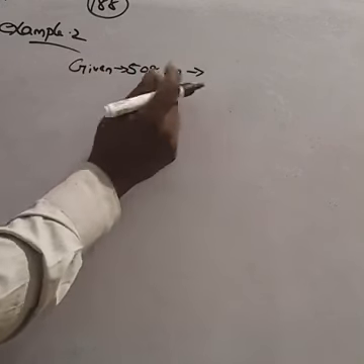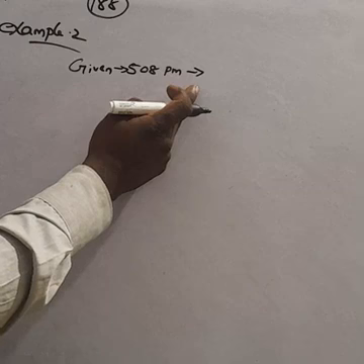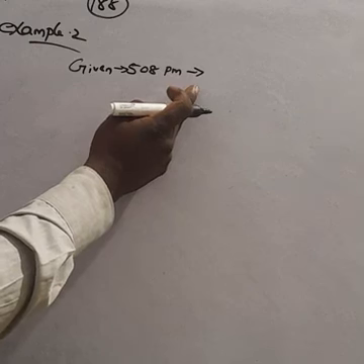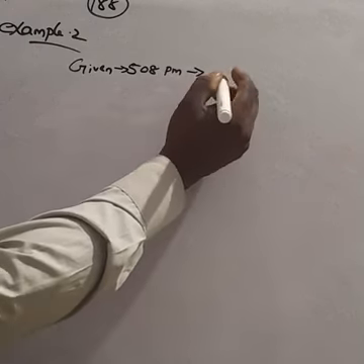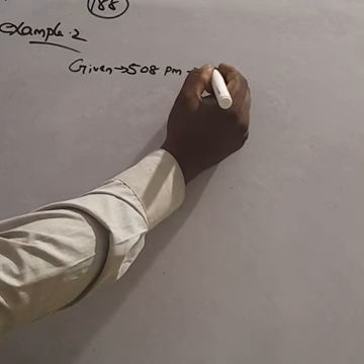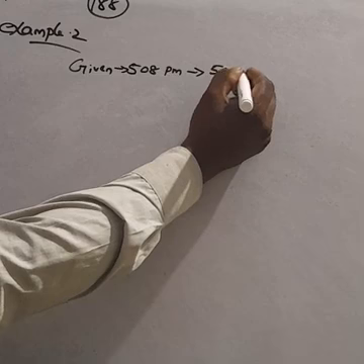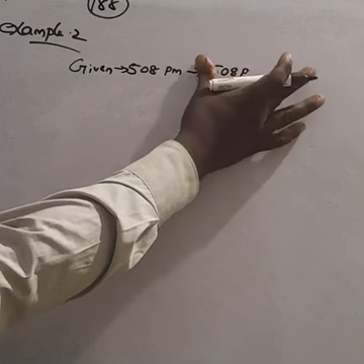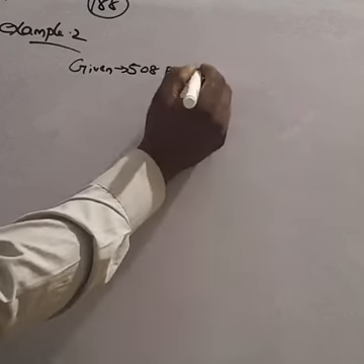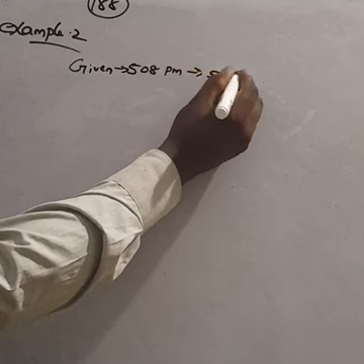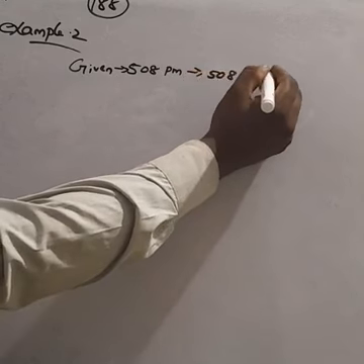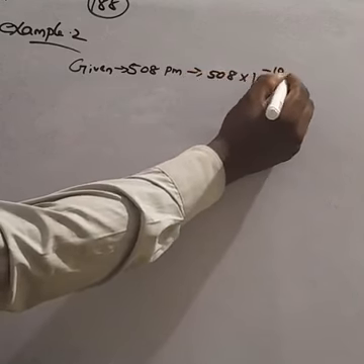First, we have to convert into centimeters. So we can write 508 pm is equal to 508 into 10 raised to minus 10 centimeter.